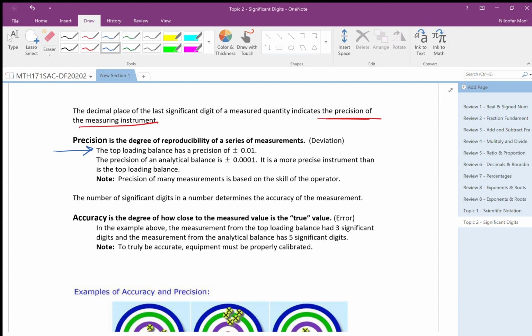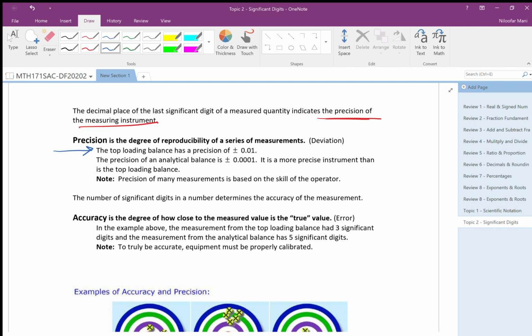How about accuracy? Accuracy shows how close your measured value is to the true value. You are not comparing the values you measured with each other. You are comparing them with the accurate or actual value. For example, the lab manual says that when you measure this, it must be this amount.